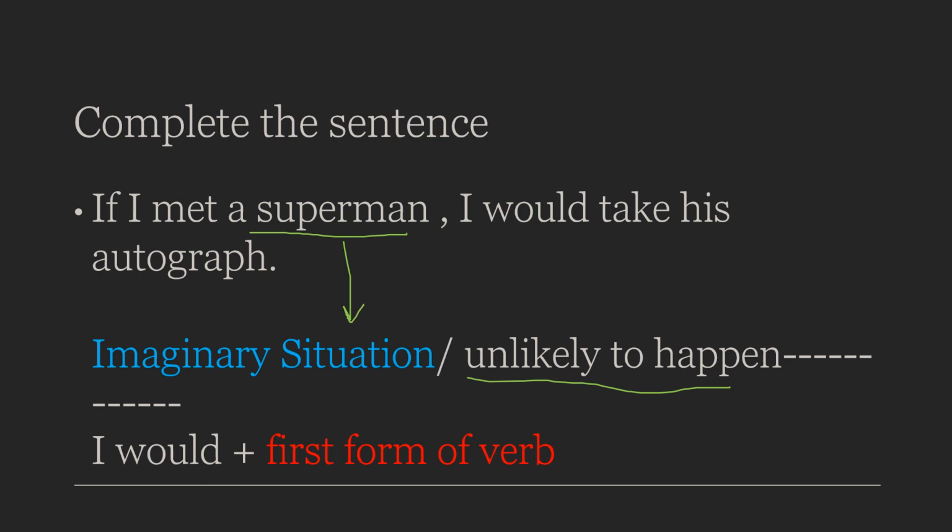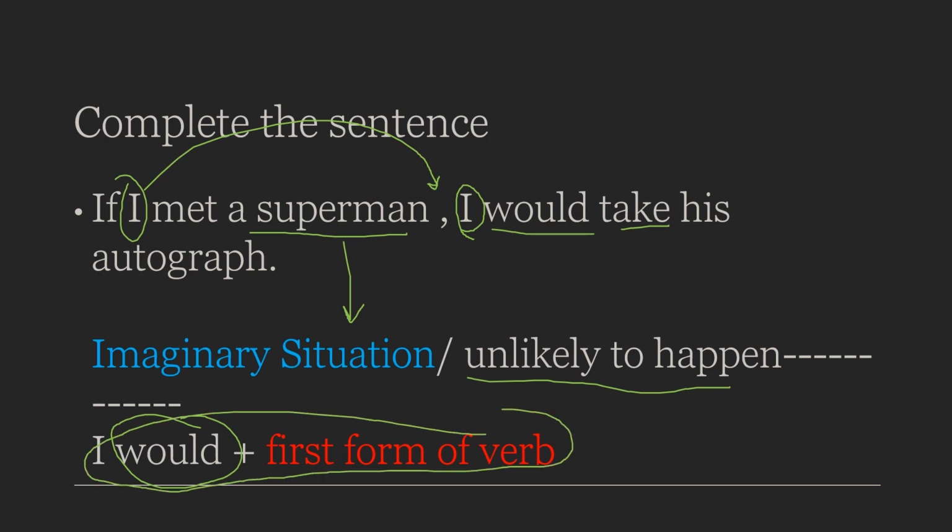What are you going to do? After the comma you write I would, you would, he would, she would, whatever pronoun is used after "if." Use the same pronoun here. After that you use would plus the first form of the word. I would take his autograph. Okay? So there are basically three rules.